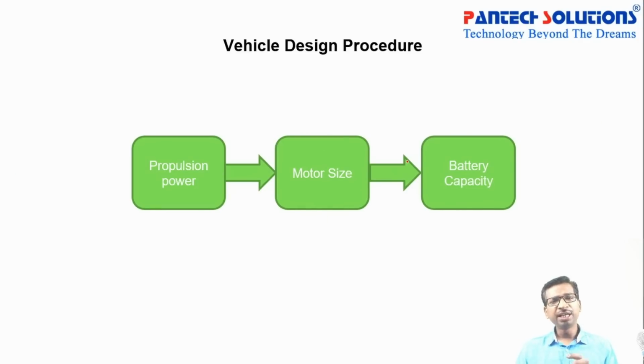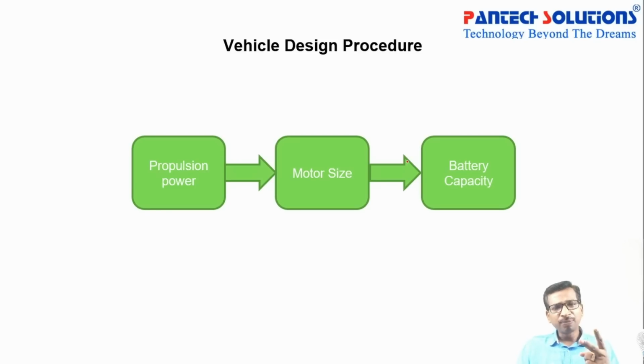Right. So here, how can we design a vehicle? First you should know the propulsion power: how much power is required to move a vehicle from the standstill position. That is the starting point of your EV design procedure. First you should know the weight of your vehicle and the total passenger load, that is, the maximum load capacity.